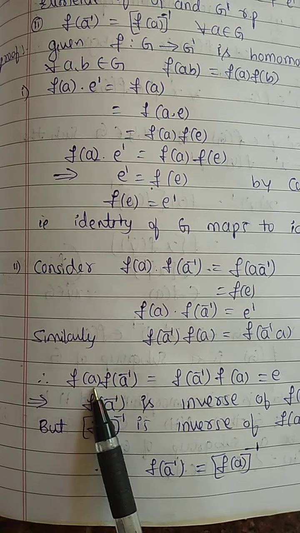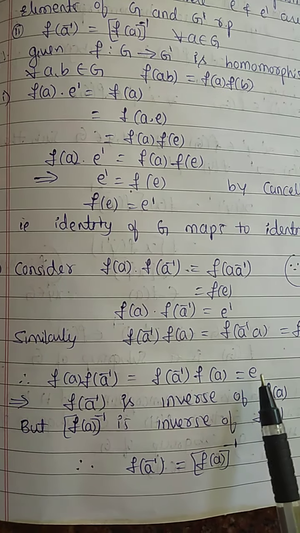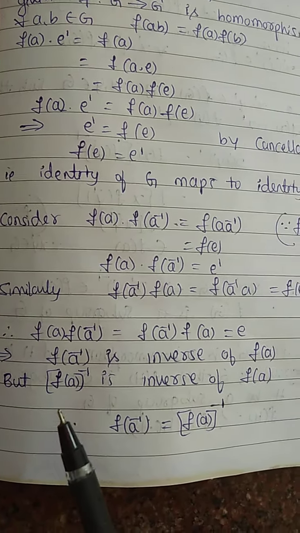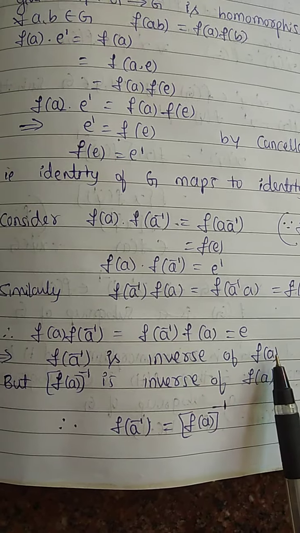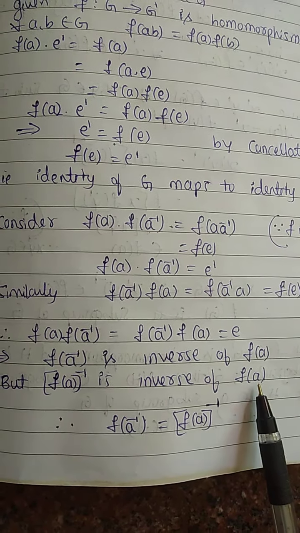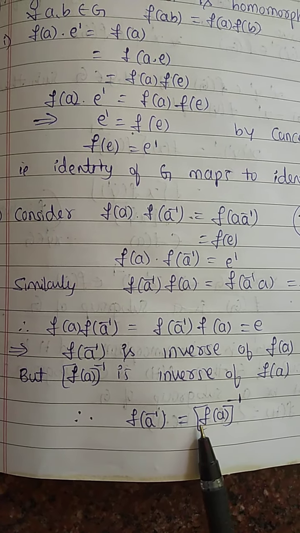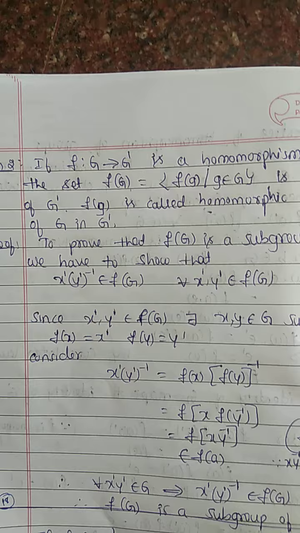Therefore, we have f of a into f of a inverse equals f of a inverse into f of a equals e dash. This implies f of a inverse is the inverse of f of a, but f of a whole inverse is also the inverse of f of a. Therefore, these two are equal: f of a inverse equals f of a whole inverse.